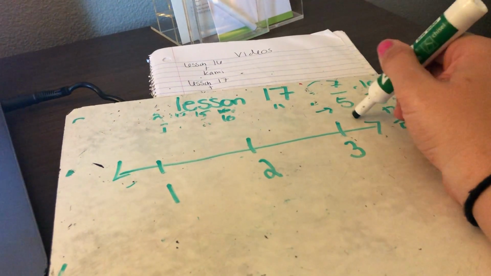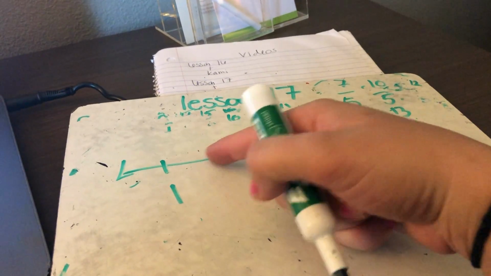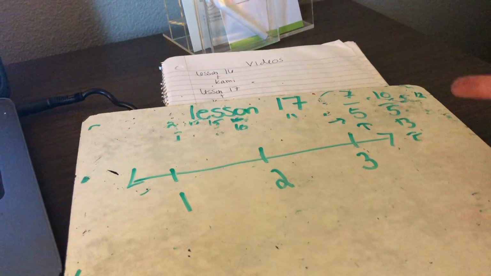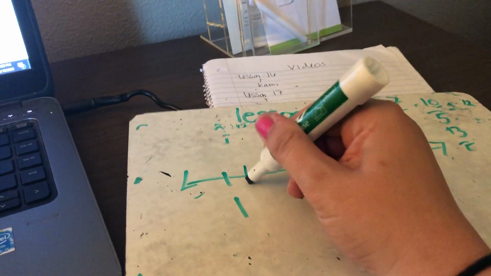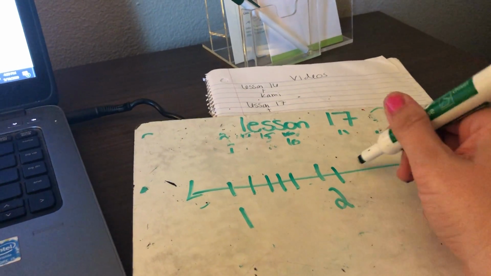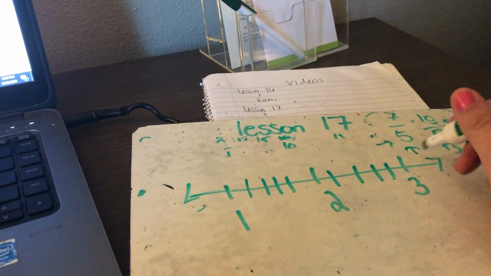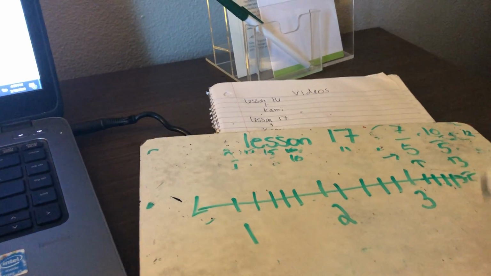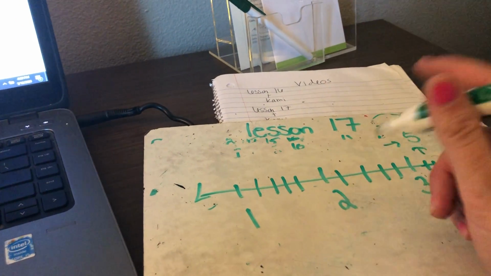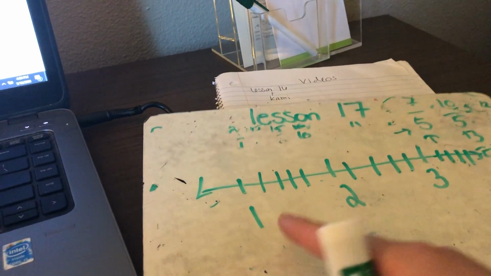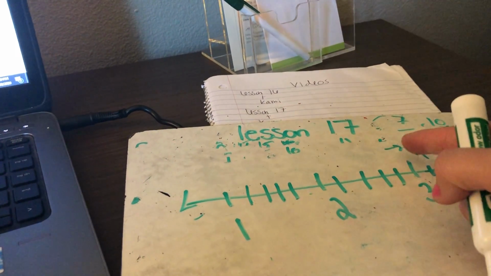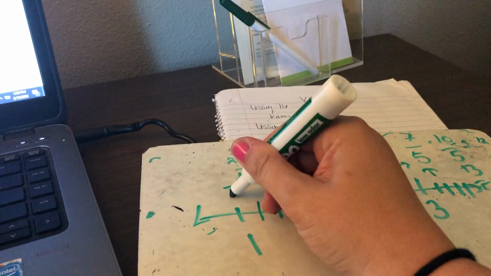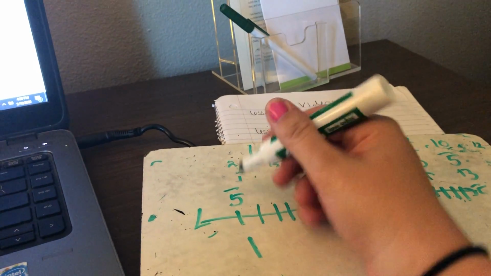First step, look at your denominator. Okay, what are you going to partition each of these line segments into? Well, fifths. So 4 lines. 1, 2, 3, 4. 2, 3, 4. 1, 2, 3, 4. Okay. All right. Now what I do, look at your whole number, multiply the denominator. Well, 1 times 5 is 5.